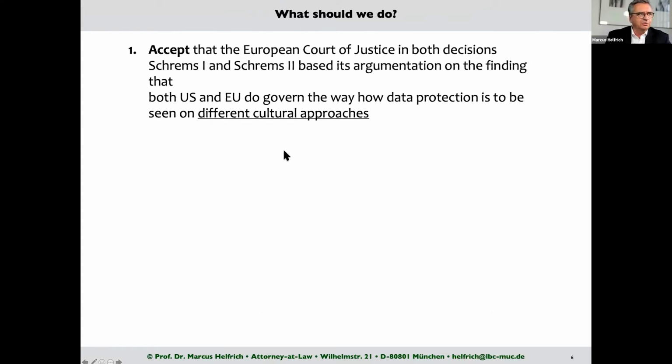First of all, we should accept that the European Court of Justice, in both decisions, Schrems 1 and Schrems 2, based its argumentation on the finding that the way the US and the EU govern data protection is based on different cultural approaches. Both approaches are in some way not really compatible with each other. This is something we just have to accept, that there are differences, and the problem we have to solve is how to bridge that gap.